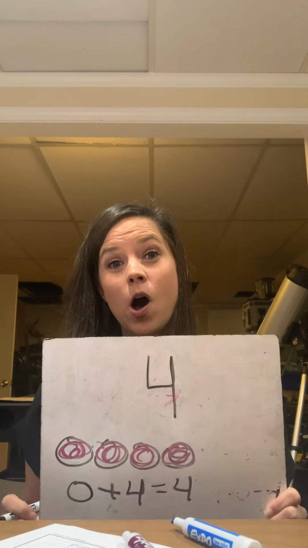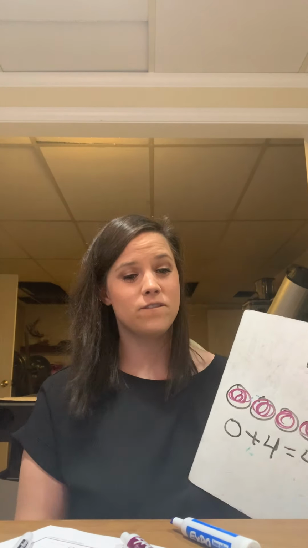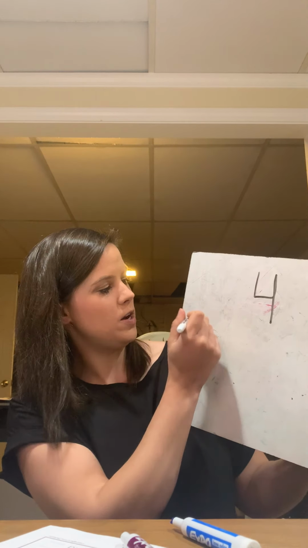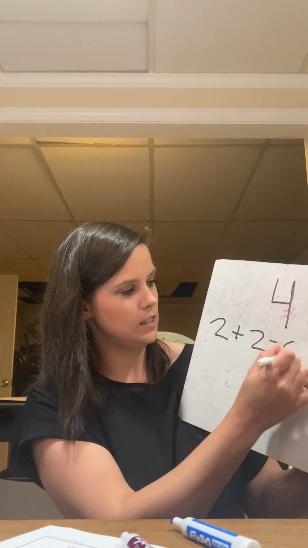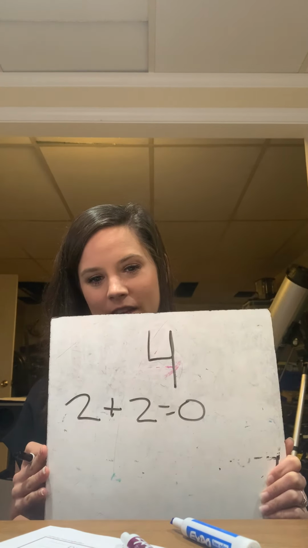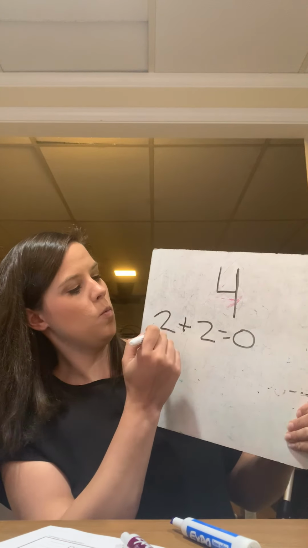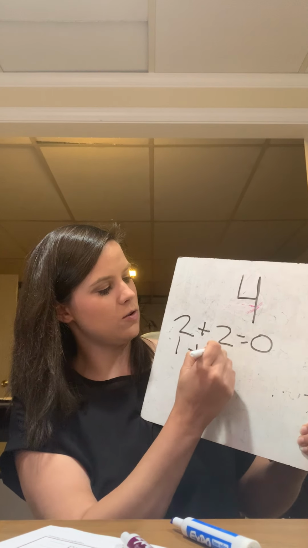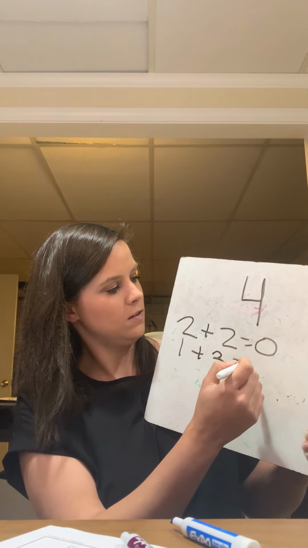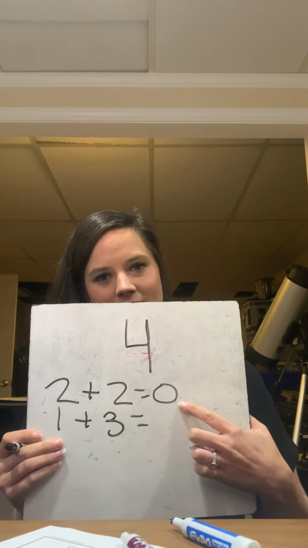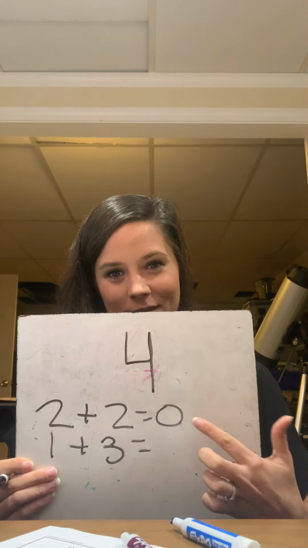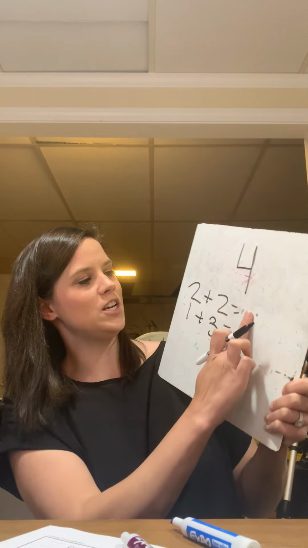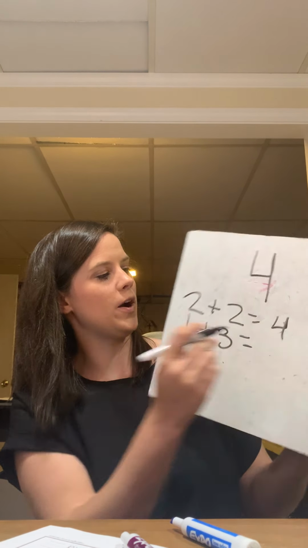Now let's review all the ways to make 4. We have our easiest one, 2 plus 2 equals... Besides, what did you do? 2 plus 2 does not equal 0. 2 plus 2 equals 4.